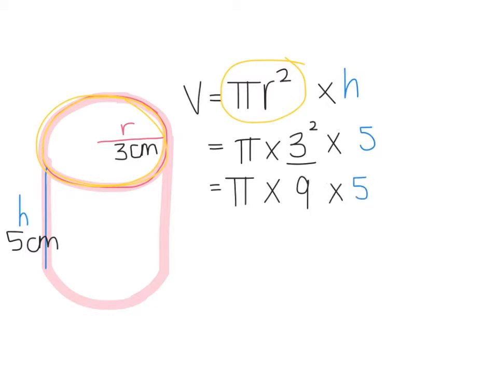I'm going to stick with this, so I'm going to go pi times 9. I'm going to type that into my calculator. Pi times 9 equals, it's telling me 28.2743, and I'm going to times that by 5.